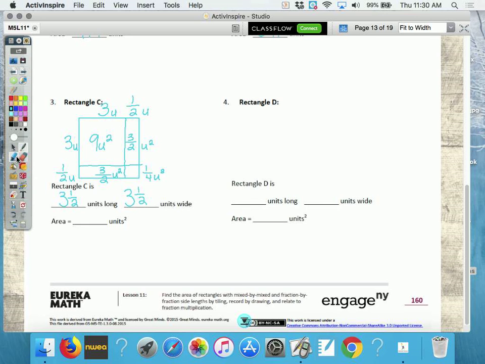Okay, so my task now is to add them all up. So I'm just going to write, and I've got to have 4 numbers. I'm not sure our answer is going to be 4, Caleb.